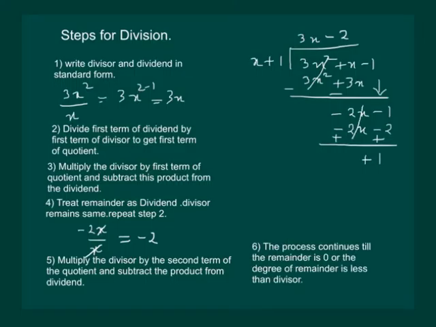Now, since 1 is a constant polynomial, its degree is 0 and x plus 1 is a linear polynomial, its degree is 1. So, we can stop our process here, as the sixth step says that the process continues till the remainder is 0 or the degree of the remainder is less than degree of divisor.